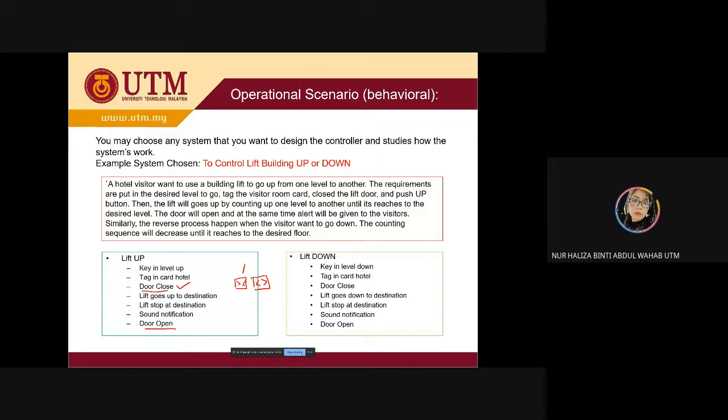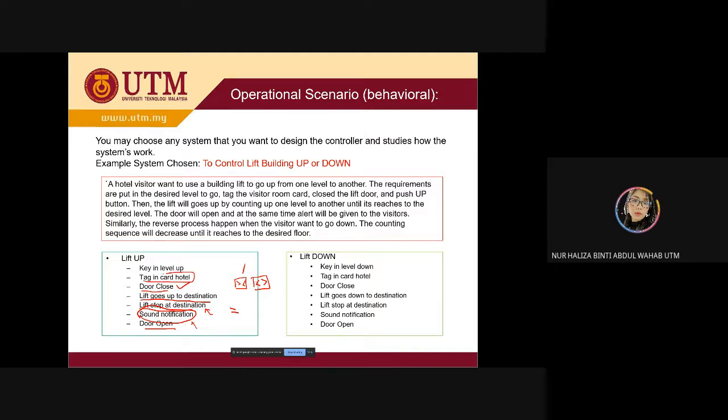So all the buttons you will assign, and then the lift goes up to the destination when the comparator compares the level. Maybe the lift stops if it is equal. When the comparator is equal, then it's going to stop. This one is an accessory if you want to play around with sound notification. Arrive at level 7, then you put the sound.